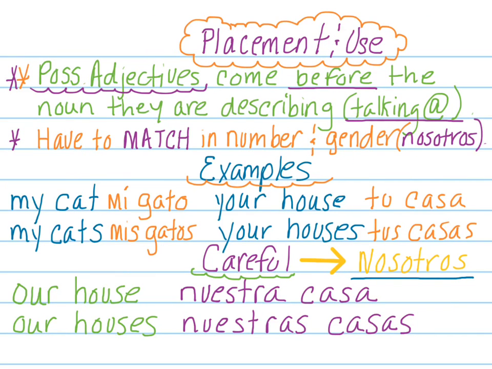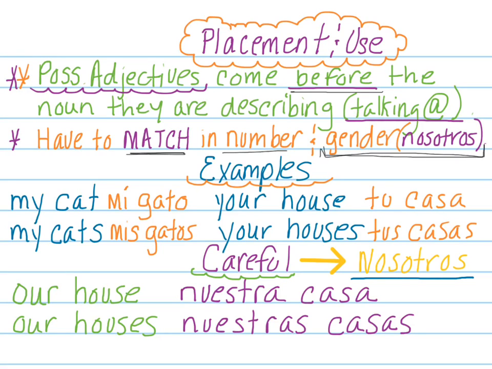Now, let's talk about placement and use. Possessive adjectives, the ones that we just went over, always come before the noun that they're describing, the noun that you're talking about. So if I'm talking about my dog, my has to come before dog in Spanish, just like it does in English. Also, they have to match in number, and in gender in the case of nosotros.